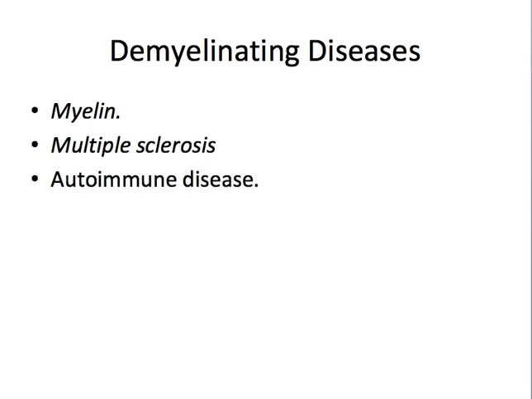So what happens in multiple sclerosis? The antibodies and white blood cells attack myelin, causing inflammation and injury to the sheath, and eventually the nerves that the myelin surrounds.